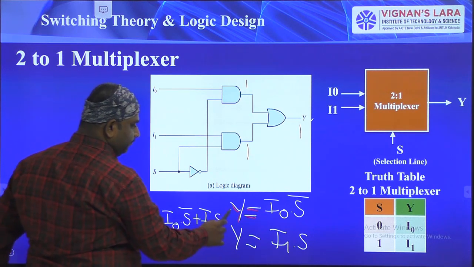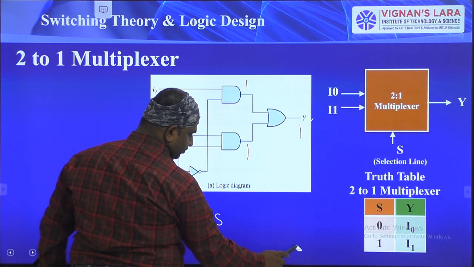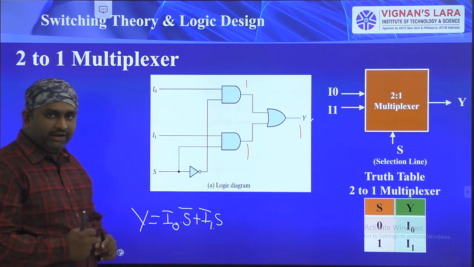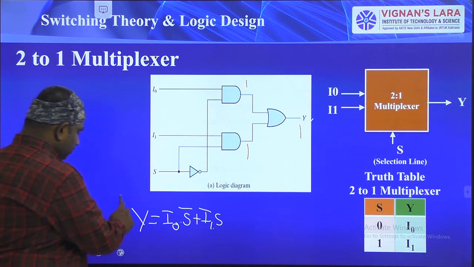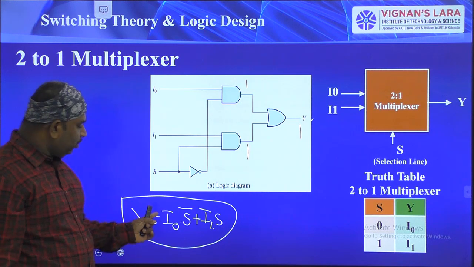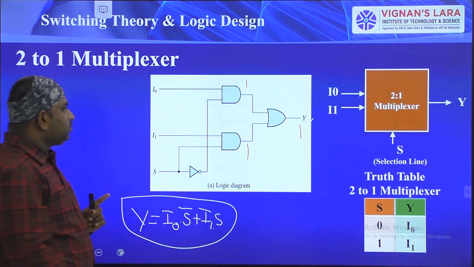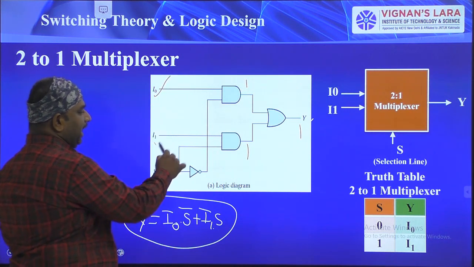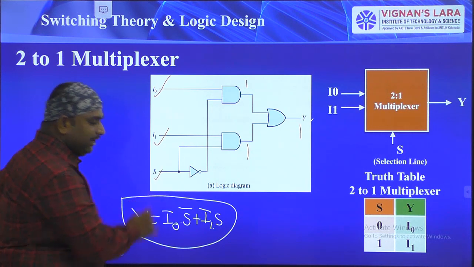So this is the finalized function. So here Y is equal to I0 dot S bar plus I1 dot S. Okay. So here I0 is available, here I1 is available. So I0 into S bar. So here I have taken the S signal.